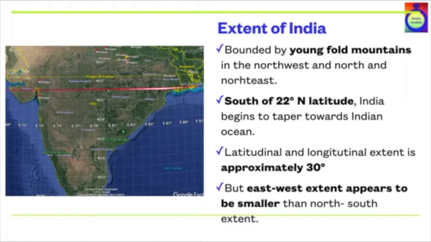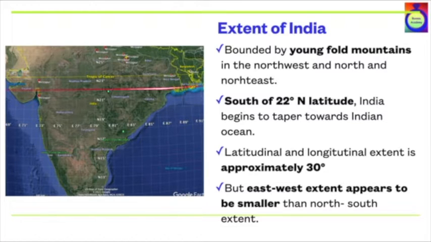Now look at this picture. Draw the red line. It is the 22 degree northern latitude. South of this 22 degree northern latitude, India starts to taper towards the Indian Ocean. Peninsular India is located exactly south of the 22 degree northern latitude.